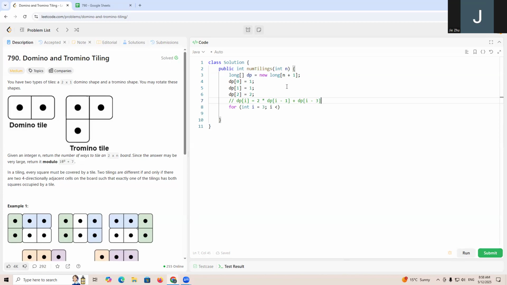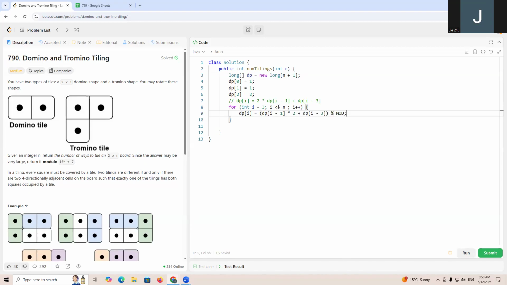This is the transformation function. Then dp[i] equals dp[i-1] multiplied by 2 plus dp[i-3], and we need a mod.